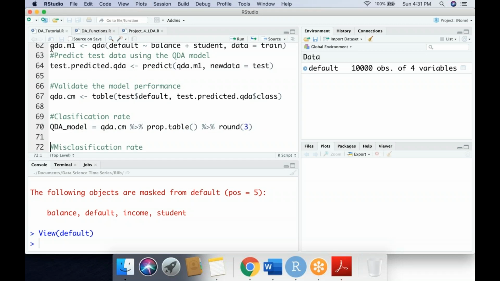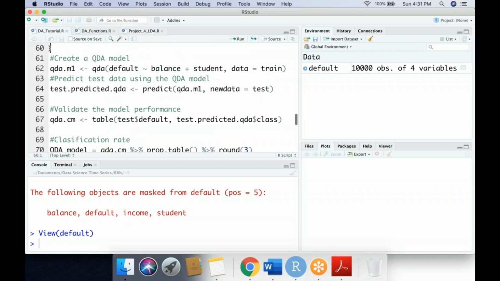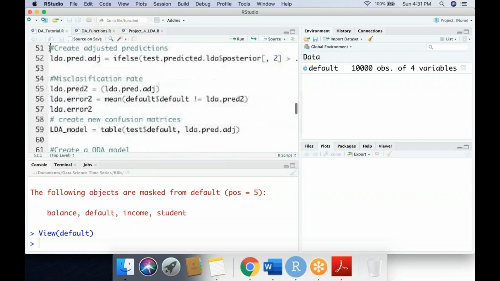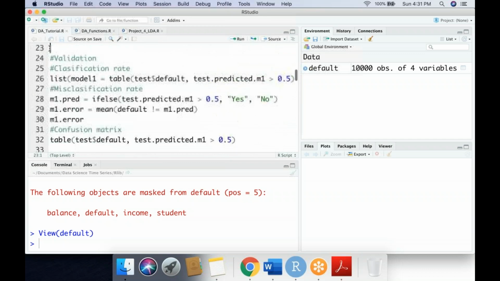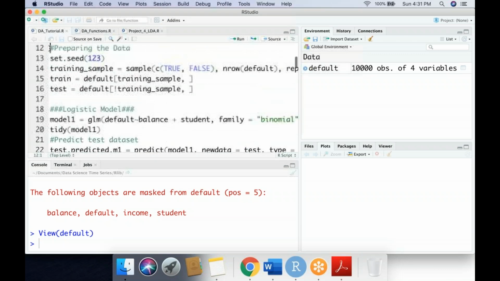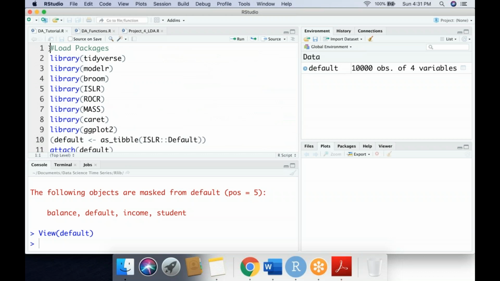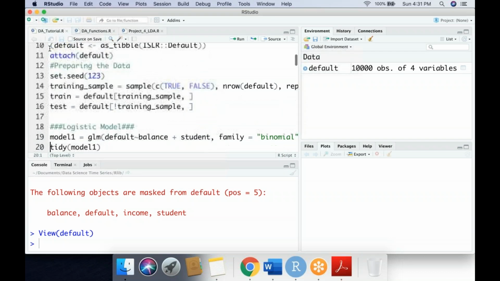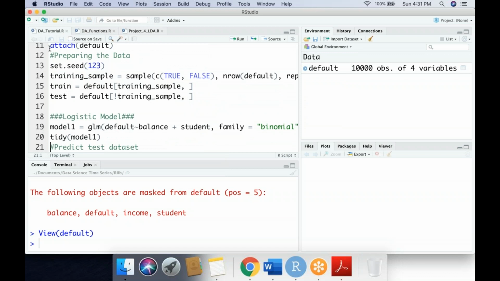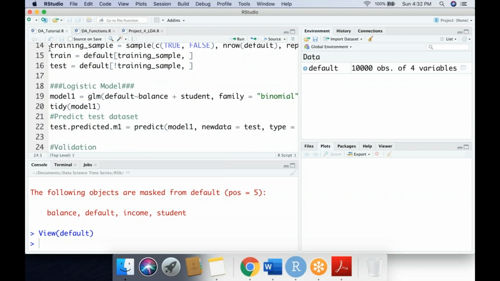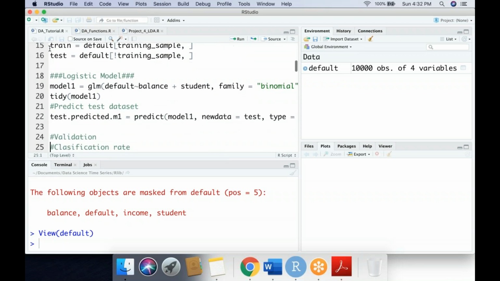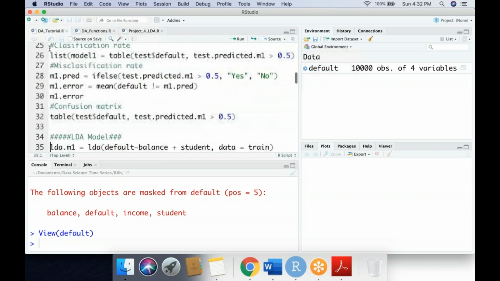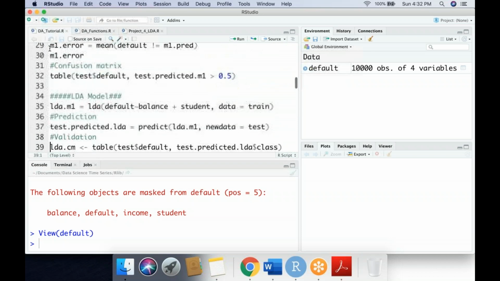Now, what is the task for this small data, the default data? In the default data we have already written a logistic model, but if you want to improve on that logistic model, you can do that. I have also written an LDA model, so you can look into that.